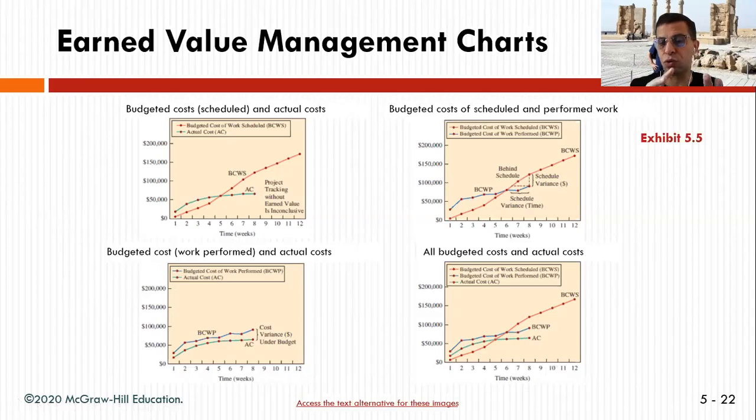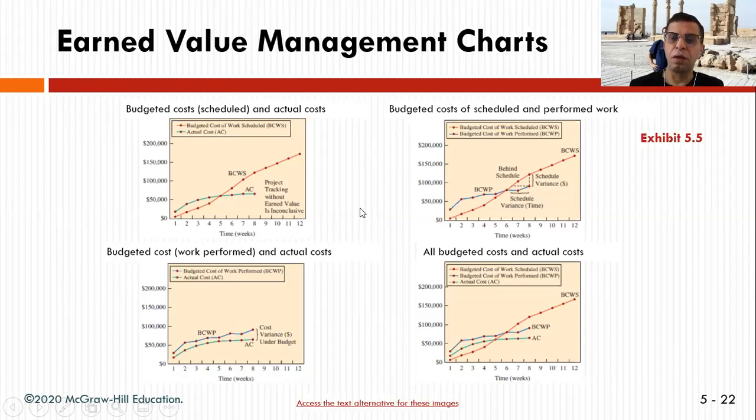These are the samples. We will go through a few of them to look at the earned value, how it's done. Here we're just going to take a look at the budget cost of work scheduled, the actual cost, and performance.